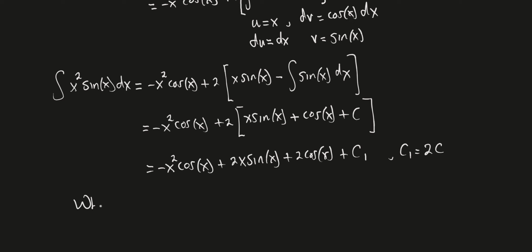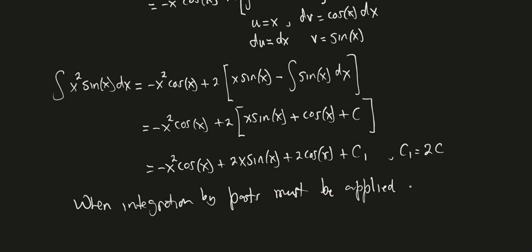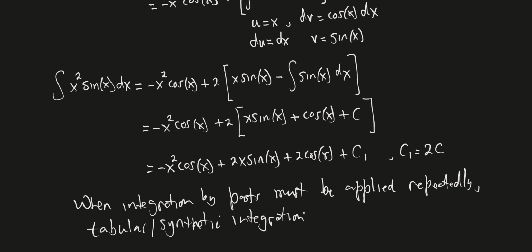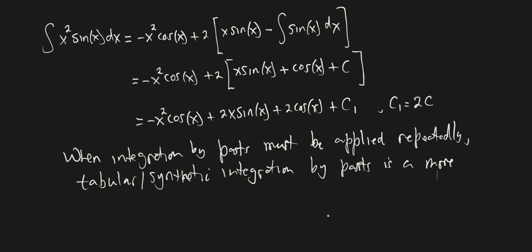So when integration by parts must be applied repeatedly, in other words, we have to do the process more than once, like one time just isn't enough, something called tabular or synthetic integration by parts is a more efficient approach, right?